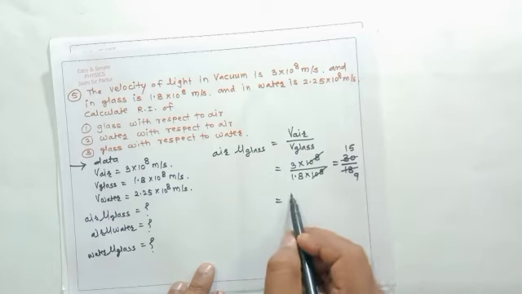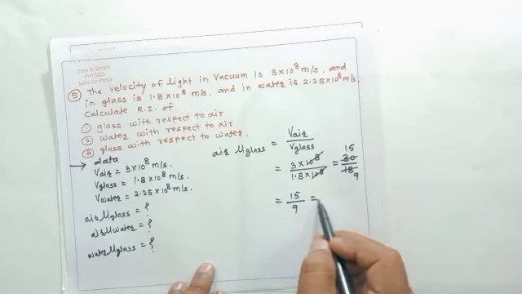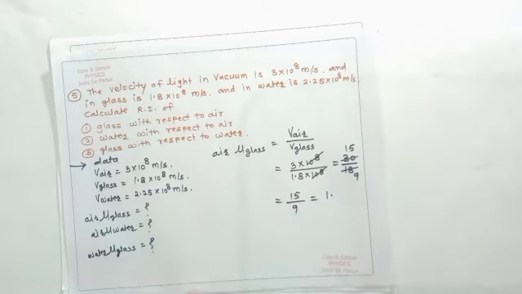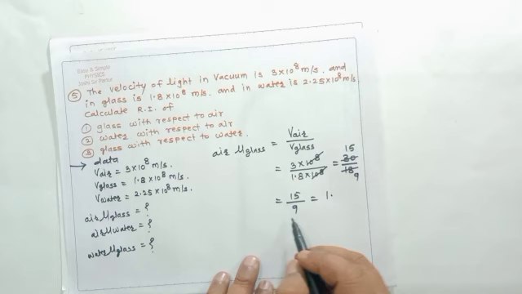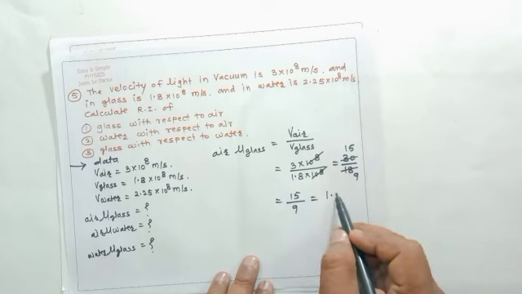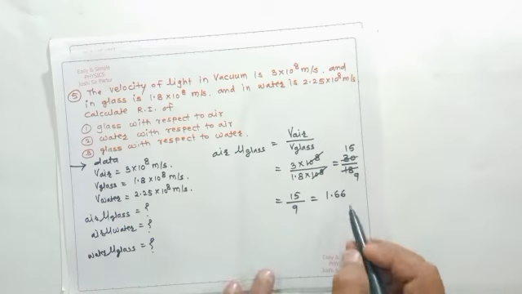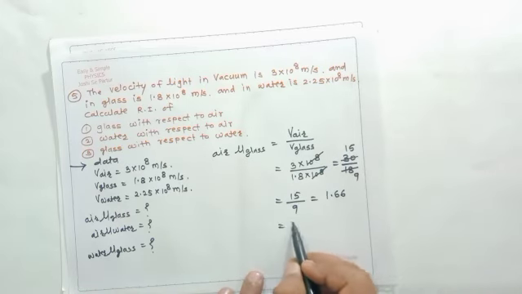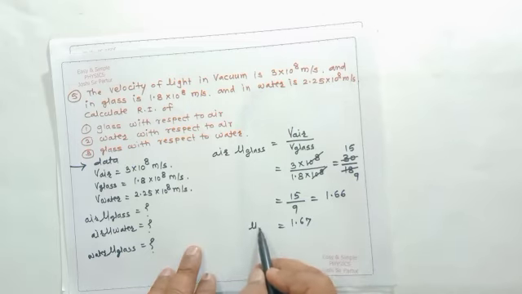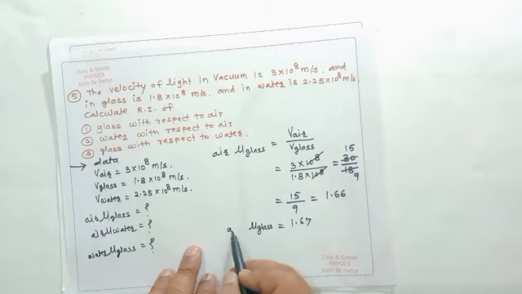So 9 1 is 9, 6 is remaining, becomes 60. 9 6 is 54, 6 is remaining, becomes 60. 9 6 is 54, 6 is remaining, becomes 60. And here we can write 1.67. That will be the refractive index of glass with respect to air.